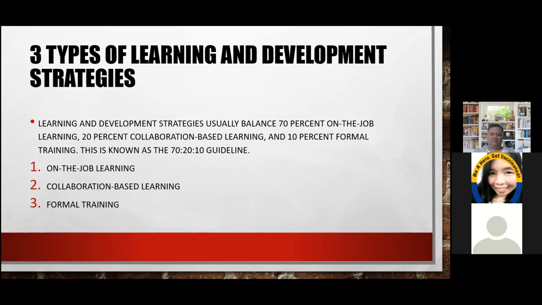Collaboration-based learning should account for around 20% of an employee's learning experience and be a mixture of mentoring opportunities, leadership shadowing, apprenticeships, and other activities that encourage cross-team and cross-department interaction.